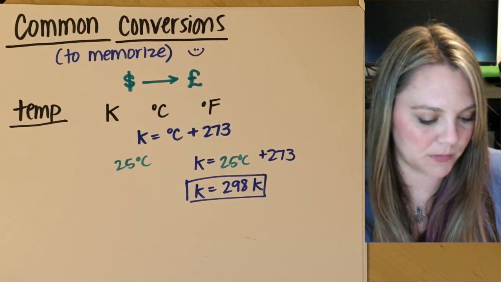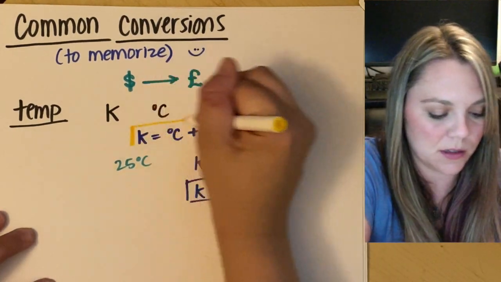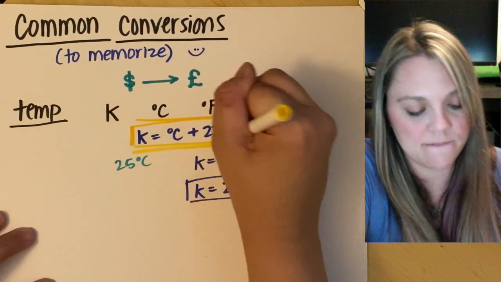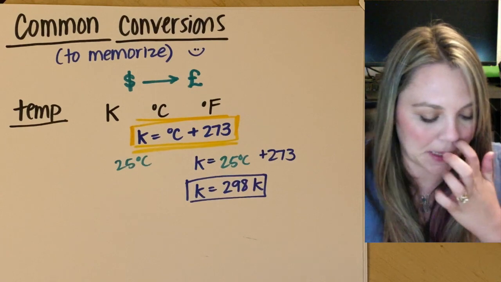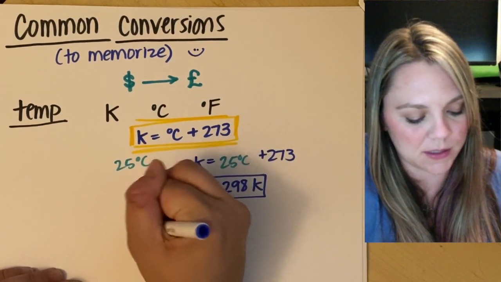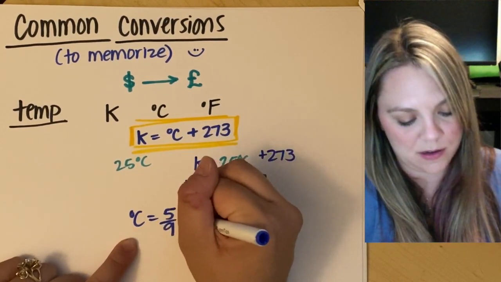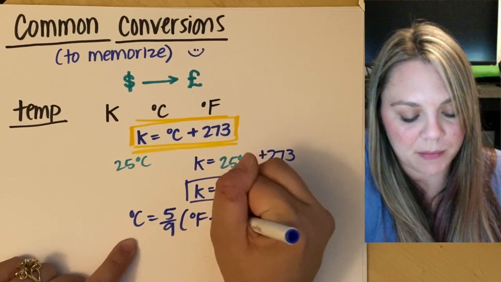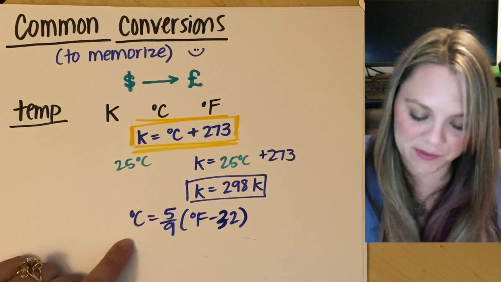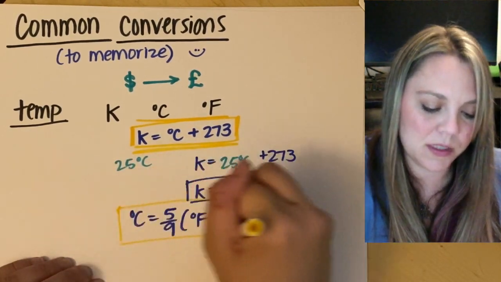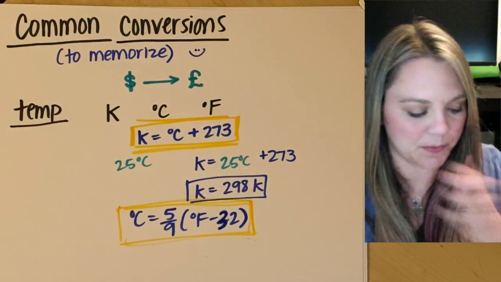I'm not going to do examples of every single one, but I promise you, this formula right here, memorize it, imprint it in your brain. You'll need it. Another one would be switching back and forth between Celsius and Fahrenheit. So degrees Celsius is 5/9 parentheses of Fahrenheit minus 32. Ooh. Terrible, okay? So please make sure that you can convert back and forth between those.